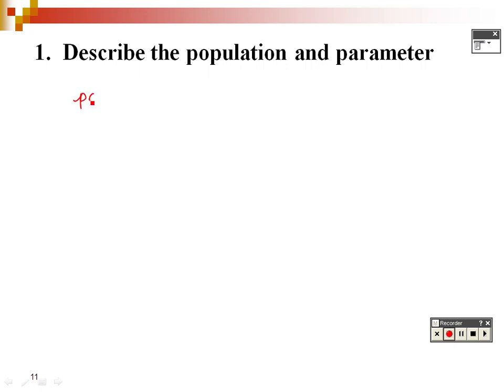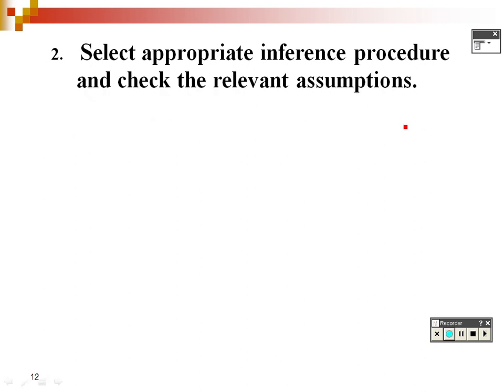Okay. So our population is this, what is it called? CSB. Okay, is CSB, and our parameter is going to be the mean vitamin content. The important thing to talk about in this case is the inference procedures.